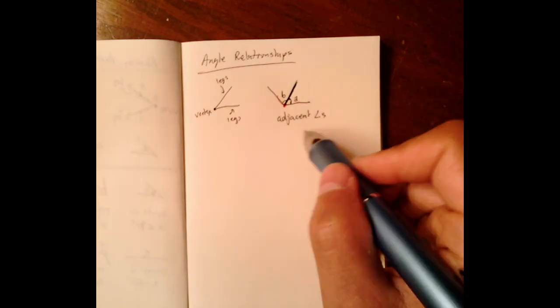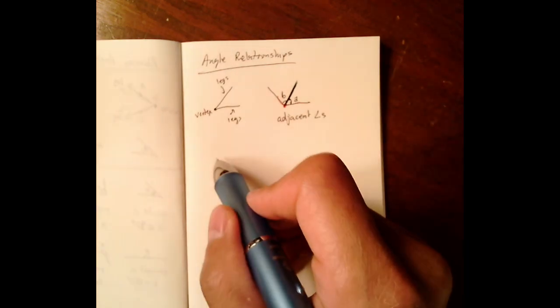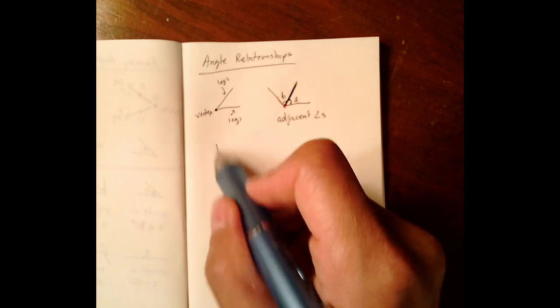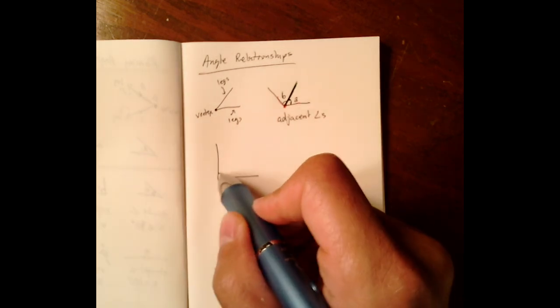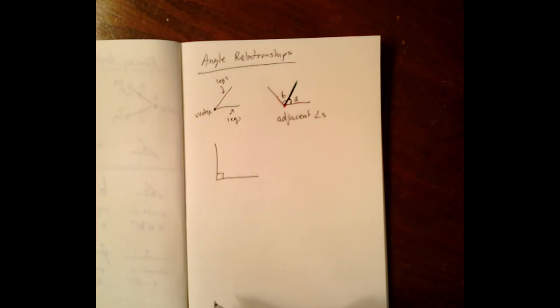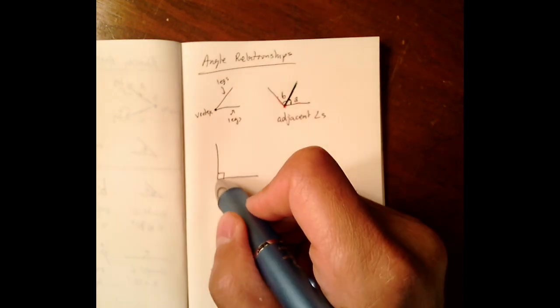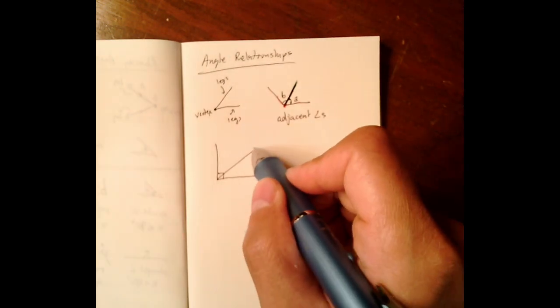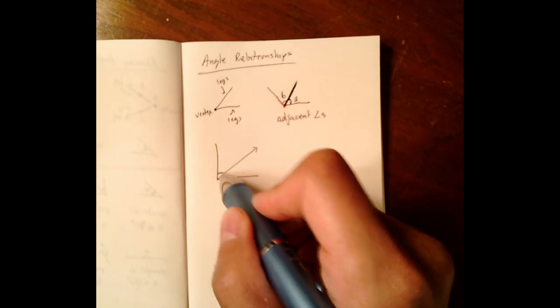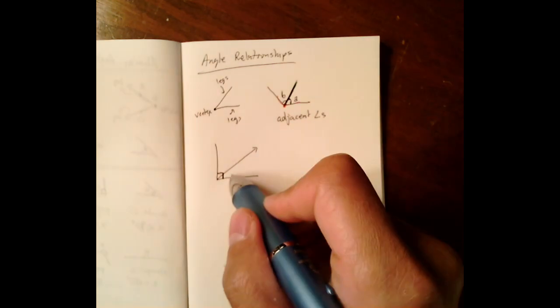So there are different types of adjacent angles we're going to learn about. The first one being, let's say that we have this familiar angle. This is called a right angle. And let's say I have a line that goes through this, and I know it looks like it's perfect, but it isn't.